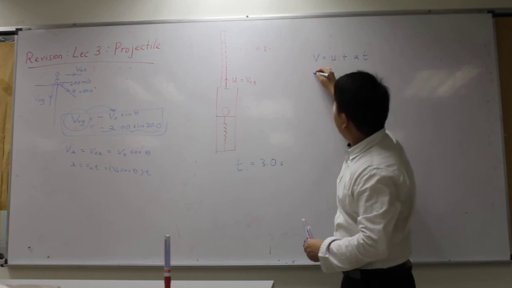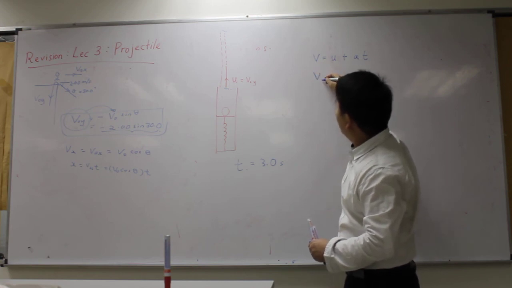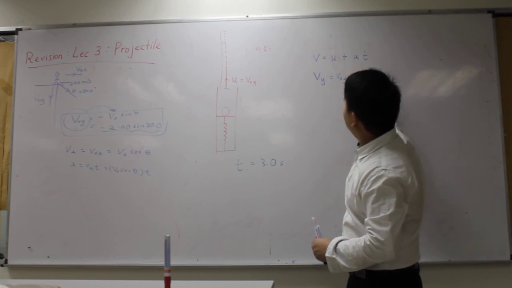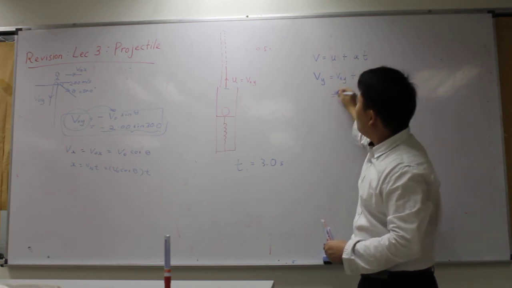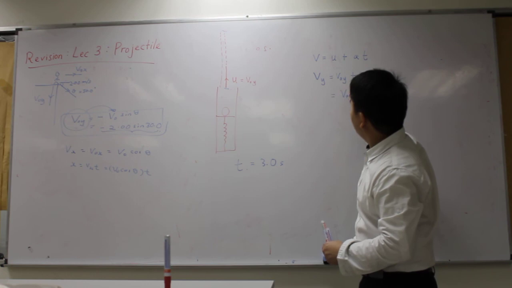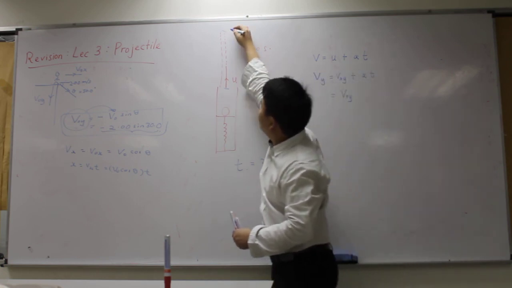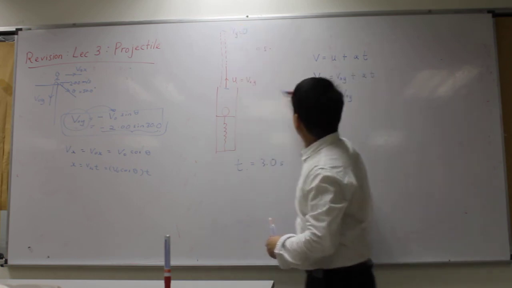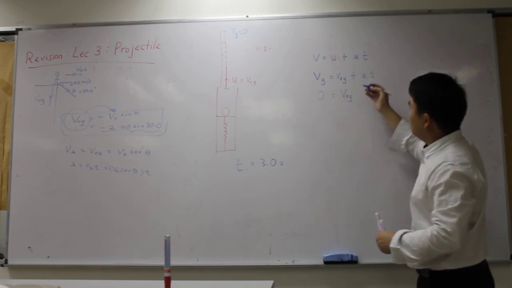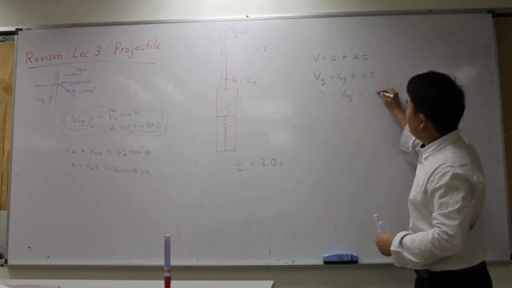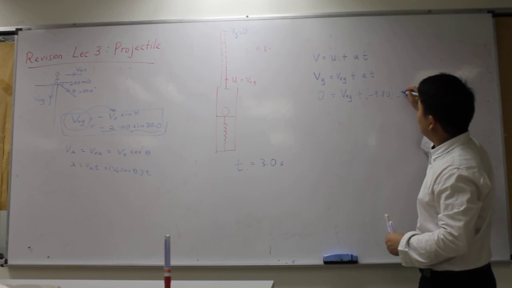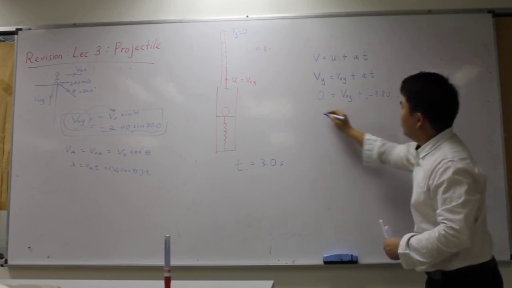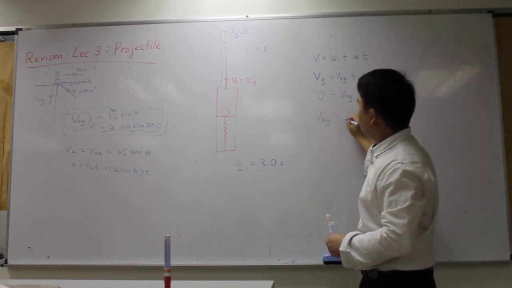In this case, Vy equals V0y plus at. V0y we don't know, so we leave it. And Vy at the highest position is 0. So 0 equals V0y plus negative 9.8 times t, and let's say t is 3.0 seconds. So you get the value of V0y.